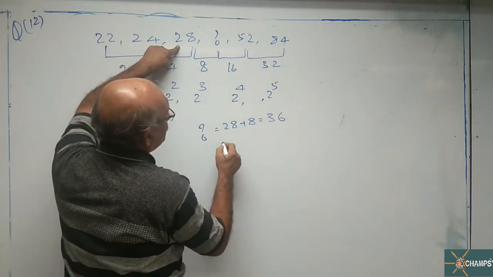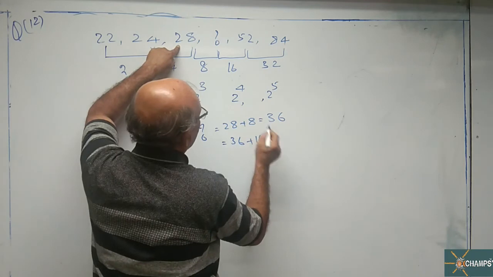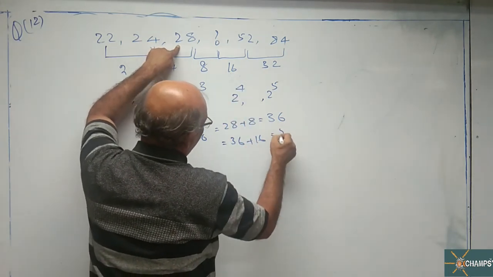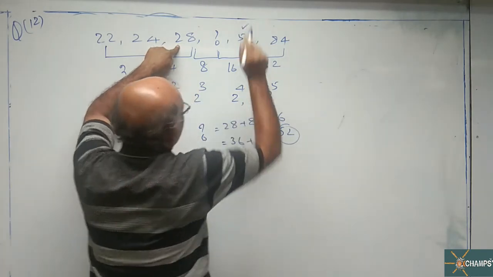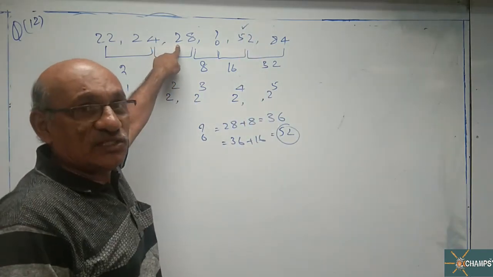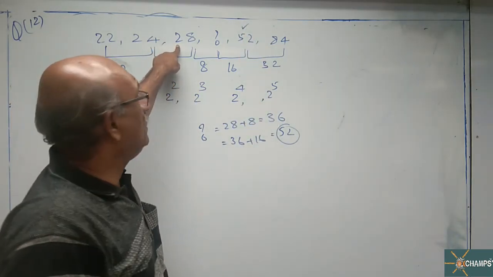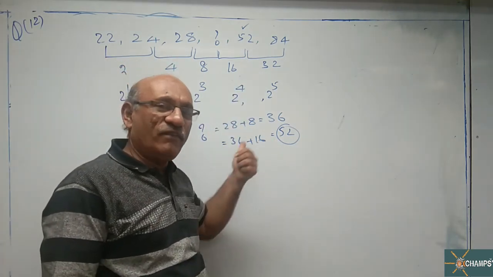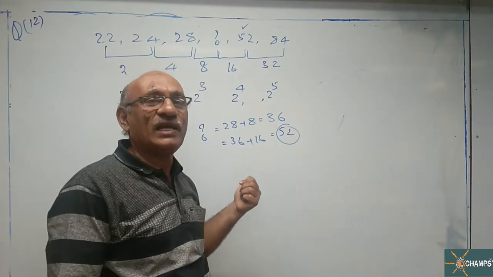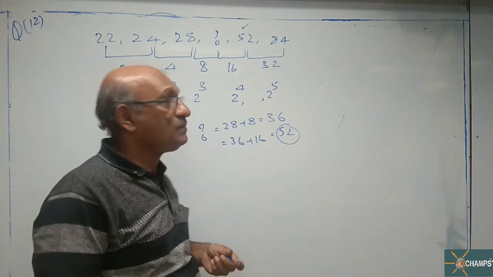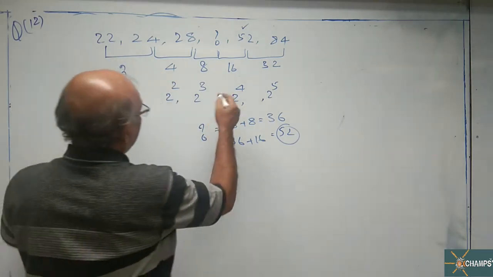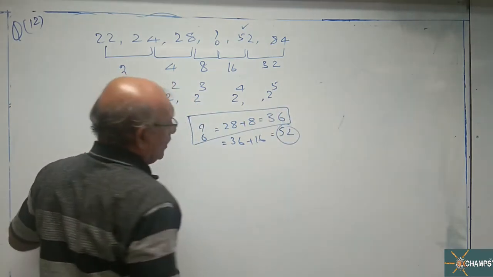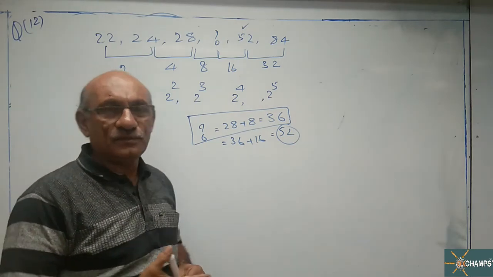Now 36 plus 16 is 52. The next number is generated with this logic, sir. Therefore, the way in which the missing figure is calculated is correct. So you will get 36 in the option.